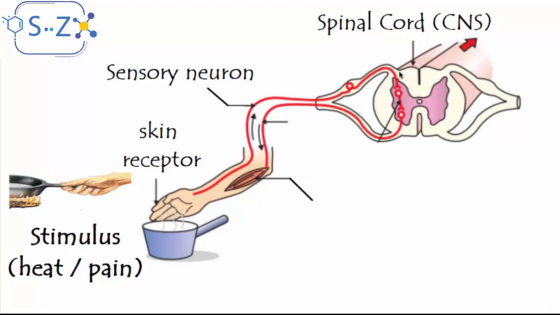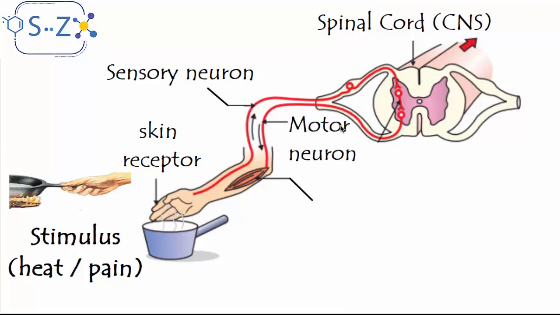Since this is an involuntary action, it's done without the direct action of the brain. It happens quickly. It shouldn't take long to happen. So here the spinal cord is the nervous center. This interneuron connects the sensory neuron to another neuron, which is the motor neuron.